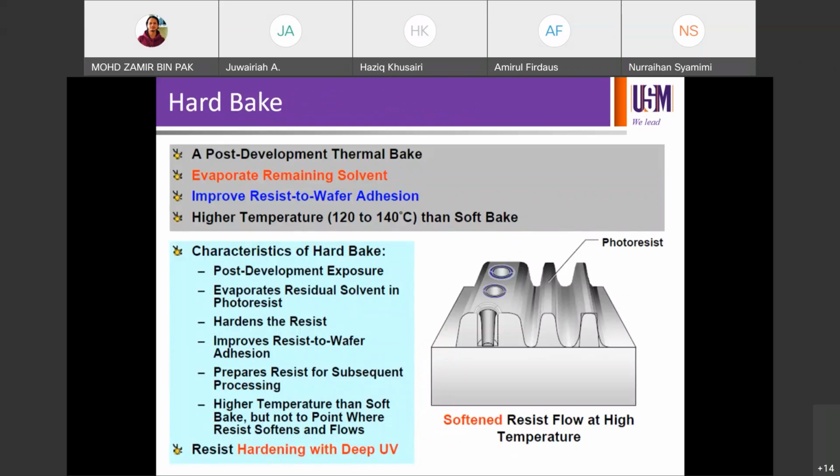Okay, so evaporate the remaining solvent, in this case solvent from the developer stage. So the goal is to improve resist to wafer adhesion. So that means features yang kita dah print tu kita nak make sure that they are strong on the silicon.